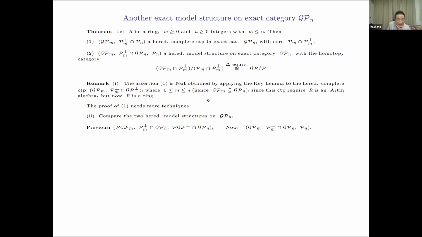Okay, why do I stress this? Because this is not obtained by applying the Kan lemma to this complex category. The way we get this is quite different, and the proof of this result is also more difficult. Not by applying the Kan lemma, because here R is a ring, not an Artin algebra.